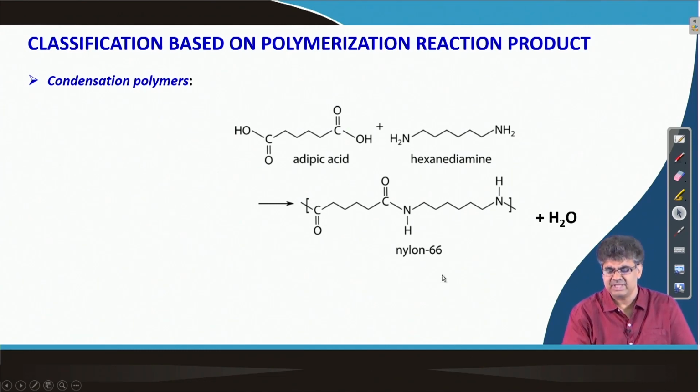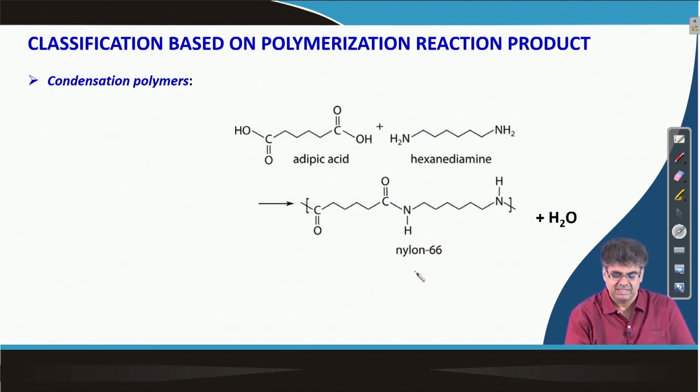Another example shown here is a reaction between adipic acid and hexane diamine, and you get a polyamide in this case, which is commonly known as nylon, and depending upon the number of carbon atoms in the diacid and diamine, we name it. So, in both cases we have 6 carbons, so we call this nylon 6,6.